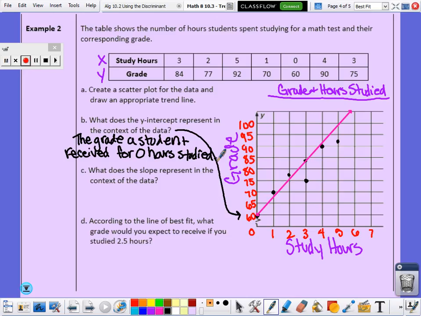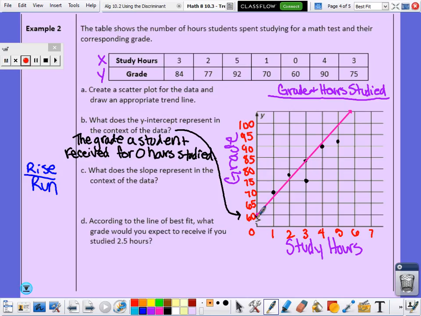For part C, what does the slope represent in the context of the data? Well, slope is rise over run, remember. So rise, that's my change in y, over my change in x. Your run is your x. So change in y is going to be a change in grade. Change in x is going to be the change in the hours studied. So my slope is going to represent the amount the grade increases per hours of study.